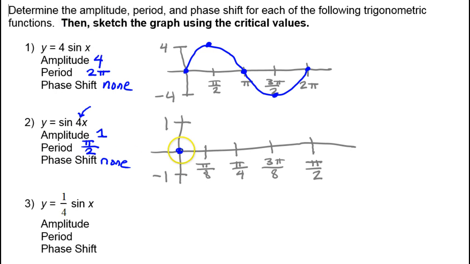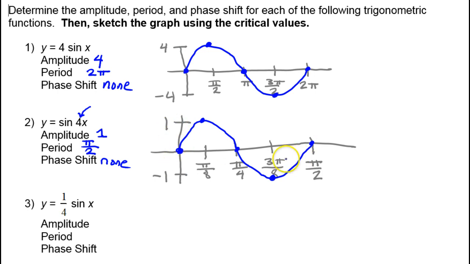So I start at 0, and so then it should go up to its maximum, back to the midline, down to its minimum, and back to the midline. So this is what the one period of this sine function should look like. And notice it looks identical to the one we just did.